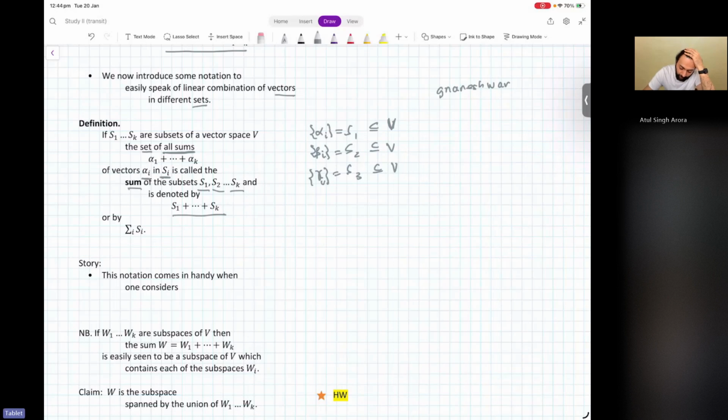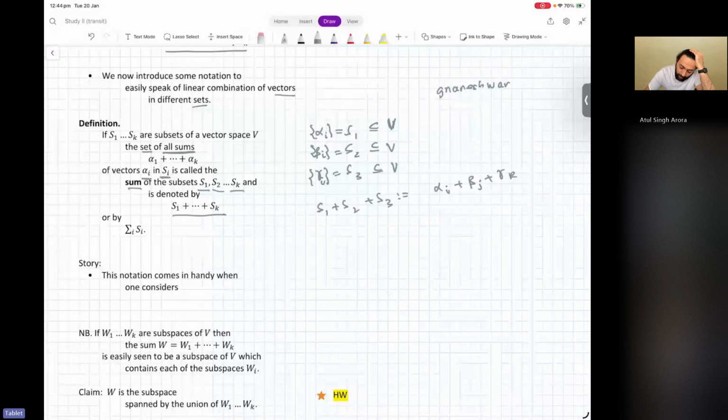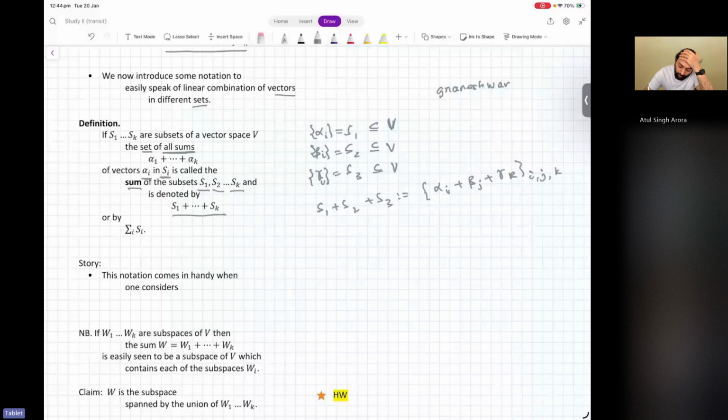Yes, sir. Okay. And then S1 plus S2 plus S3 is basically just the following: alpha i plus beta j plus gamma k. So it is just this set with i, j, k.